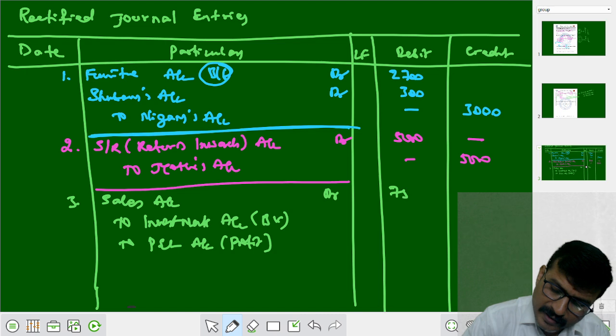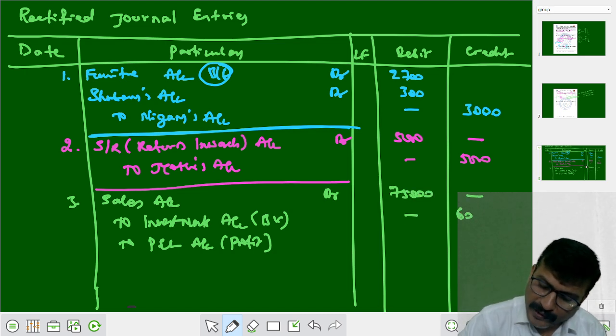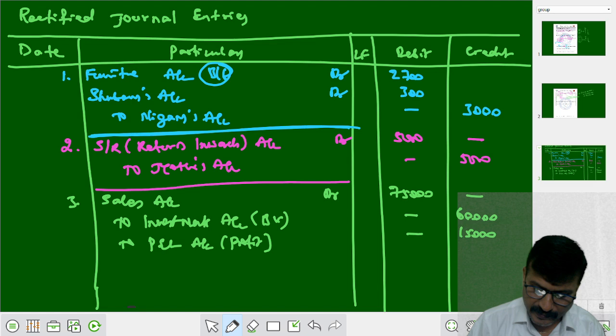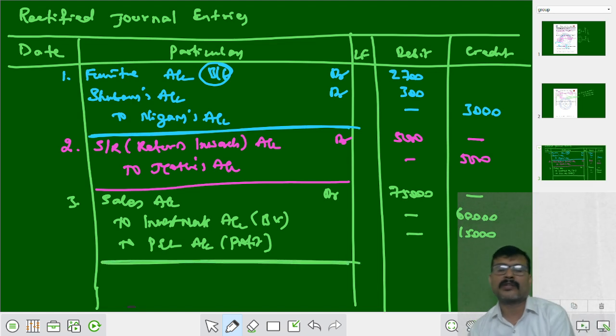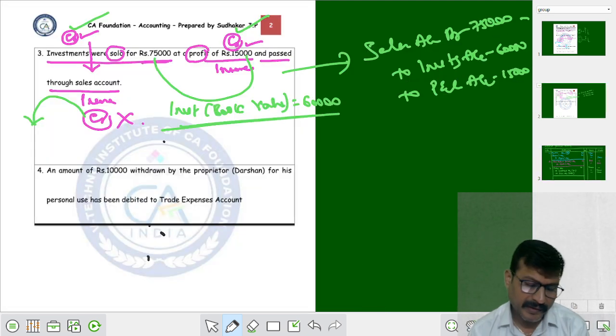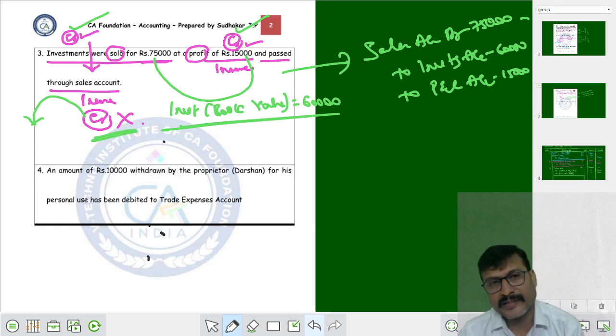So the sales wrong credit is 75,000. Investment book value sold is 60,000. Profit is 15,000. Being wrong credit in sales account is rectified.